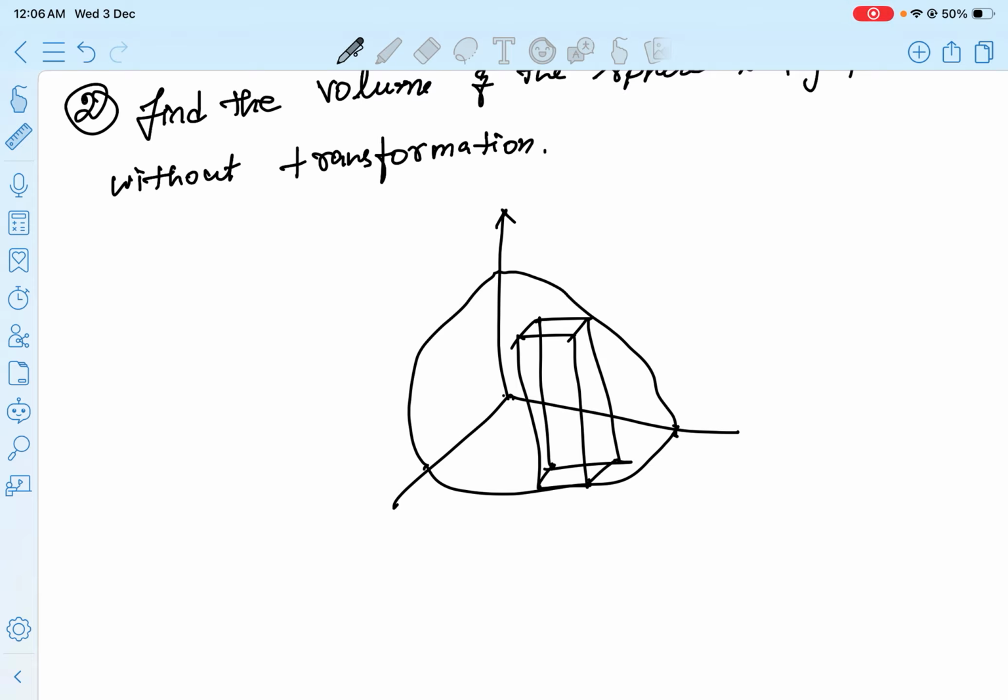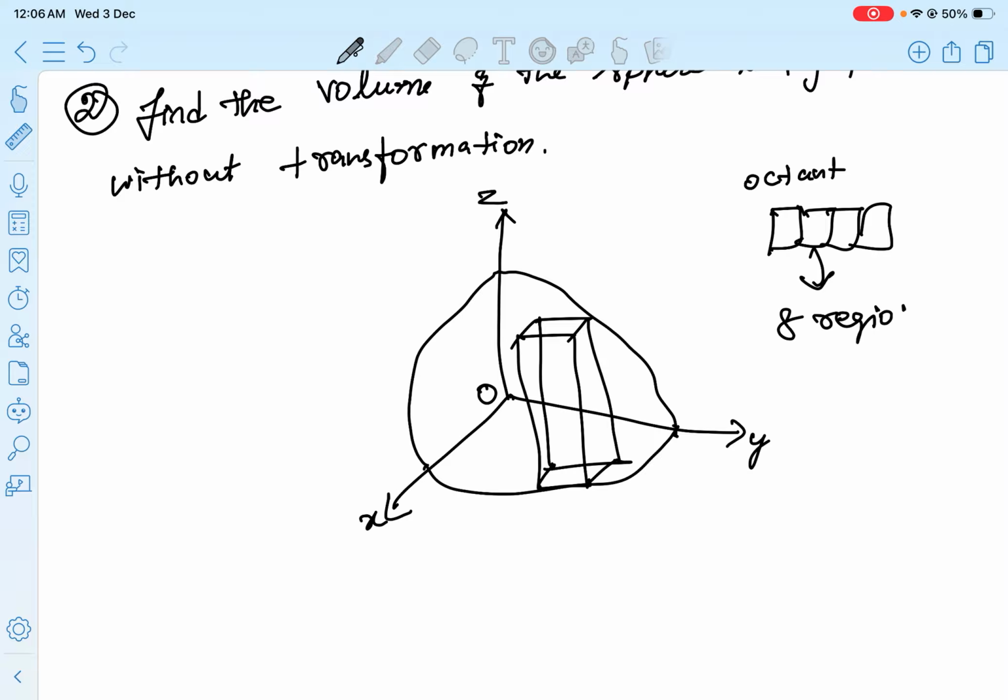So what is an octant? Octant means there are 8 regions in the form of the sphere, divided by the xy, yz and zx planes. So we have 8 regions of the same shape and size, all the same.